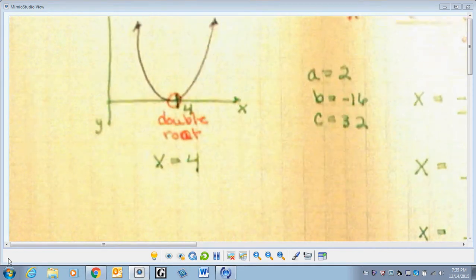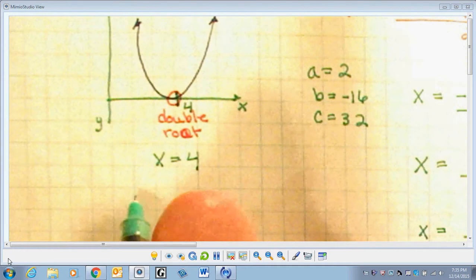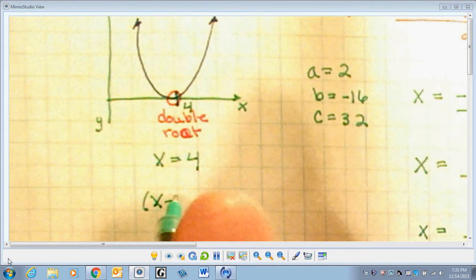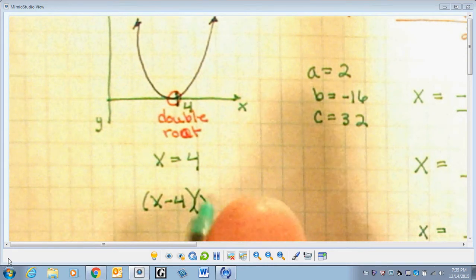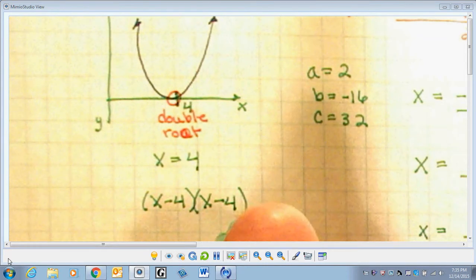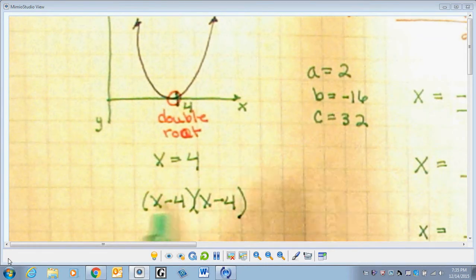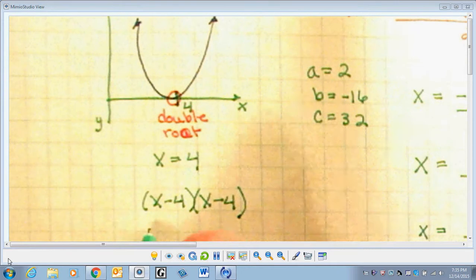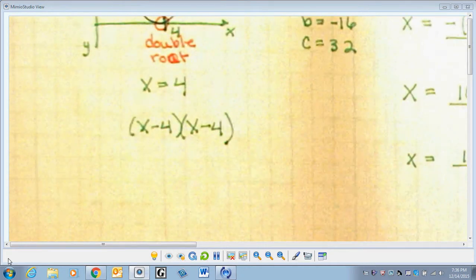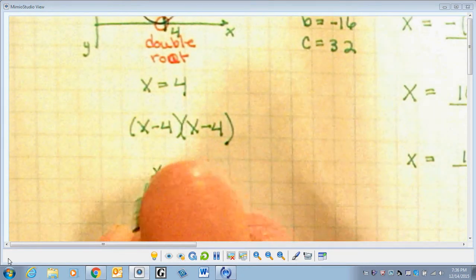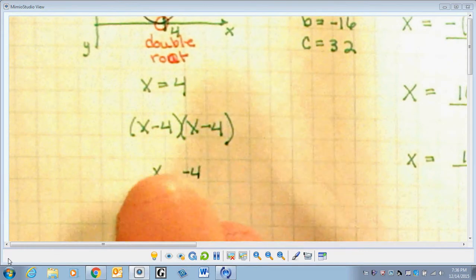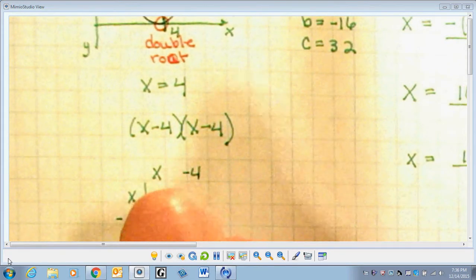So we must have factors such as x minus 4 times x minus 4. If we were going to multiply this out, let's do that just for review. x minus 4, x minus 4.